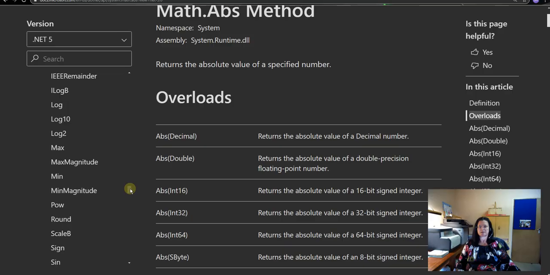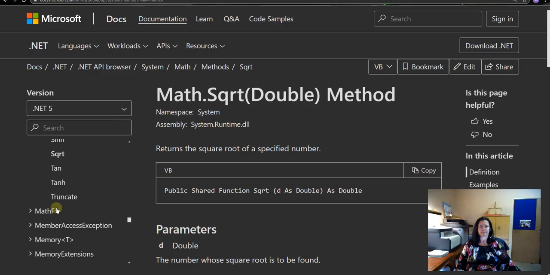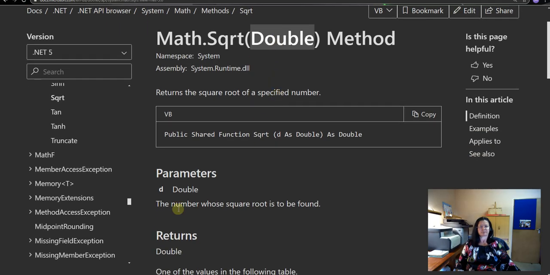In this list, scroll down until I get to square root. So, over here I can see the name of the method, math.squareroot, and I can see it takes one number. Double means it takes one number. And here it tells me what it takes as a parameter, what must be sent to the square root function: the number whose square root is to be found.